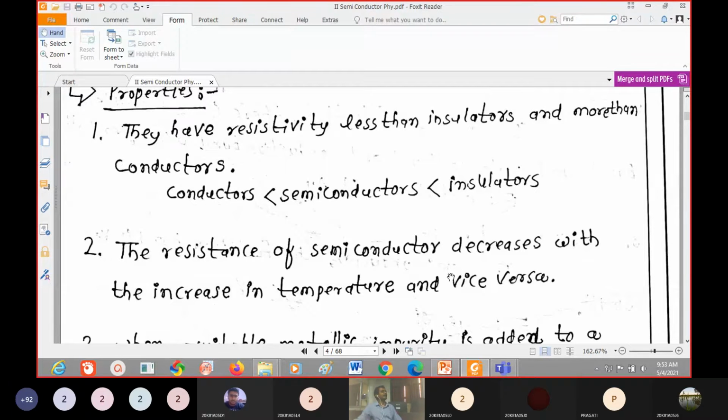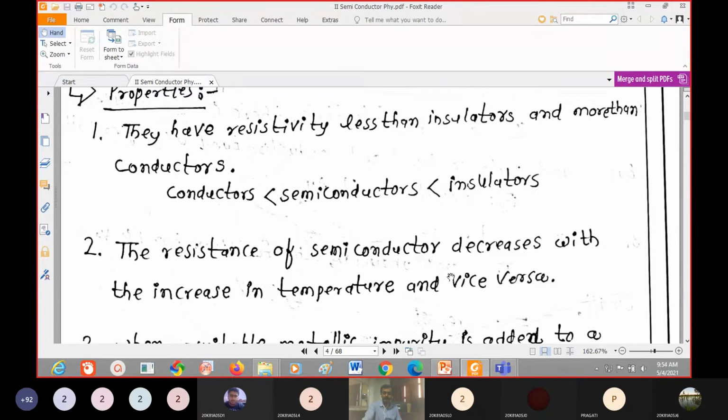In the case of metals, at room temperature the conductivity is high, and if you increase the temperature, the conductivity of metals decreases. But in semiconductors it is opposite: if you increase the temperature, conductivity increases. For metals, if you increase the temperature, conductivity decreases.